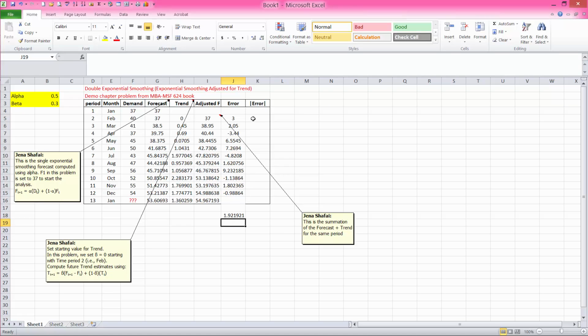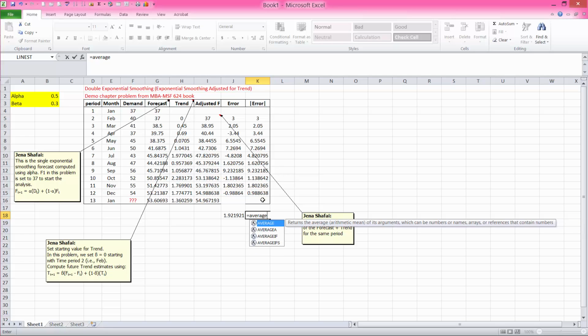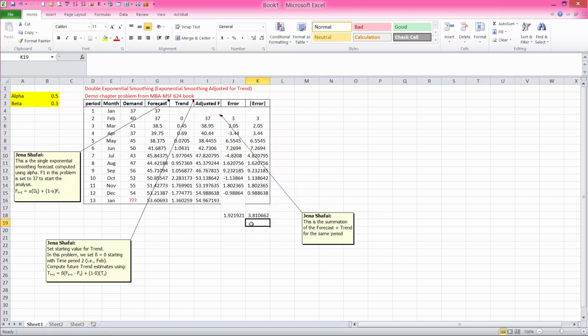If I compute absolute error, the absolute value of this number, I have these numbers. If I average them, I have MAD. This is MAD, and this one is bias.